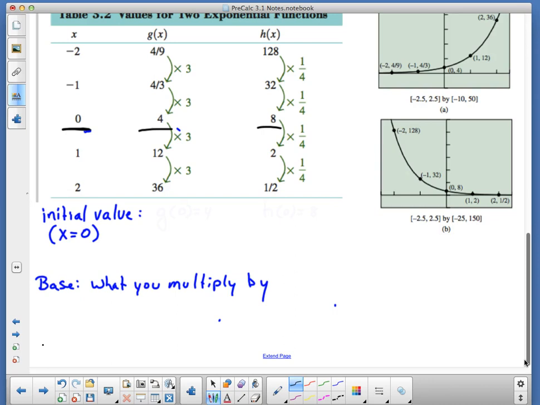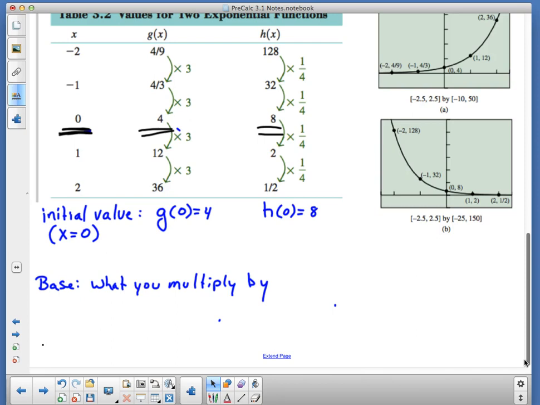The initial value normally is where it crosses the y-axis. So when x is 0 and I've got 4 and I've got 8, my initial values come out here. I should know right now my a value is 4 for the g of x function. My a value is 8 for the h of x function.